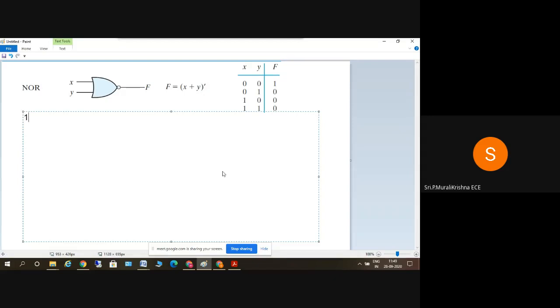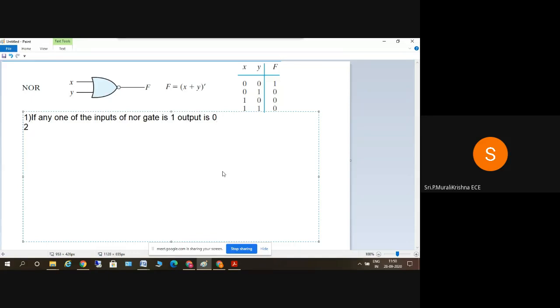Okay, so in the OR gate, we can draw this conclusion. If any one of the inputs of the NOR gate is 1, the output is 0. Again, you can see that from the truth table.